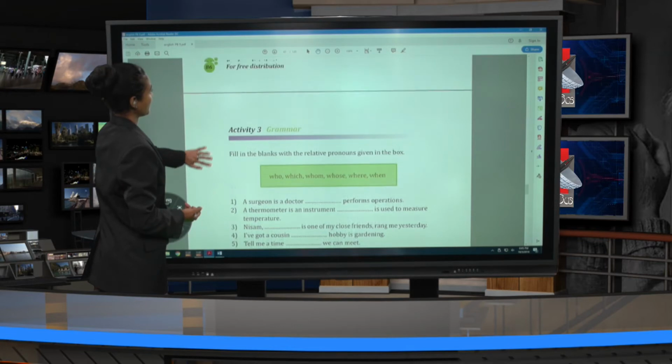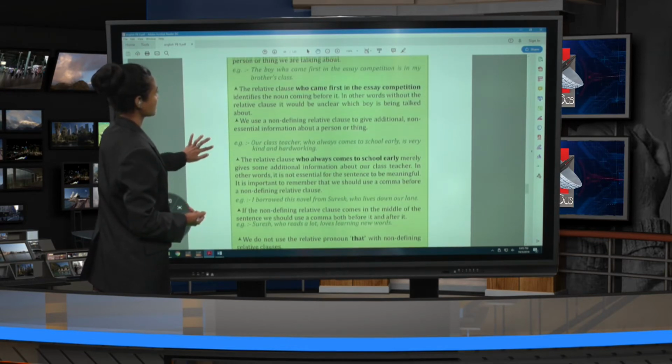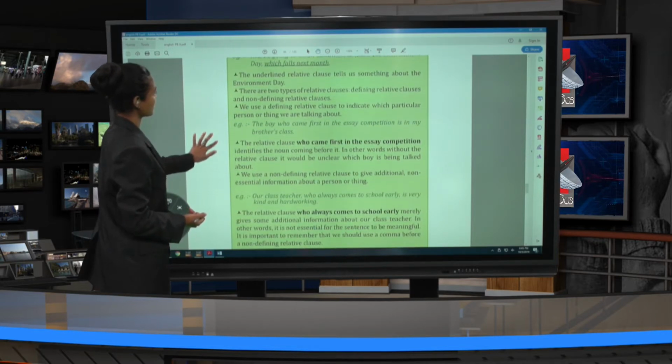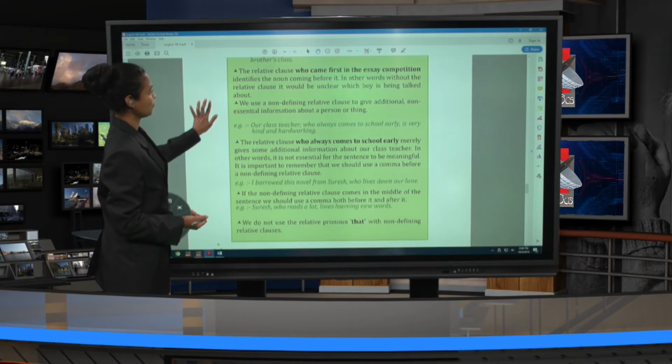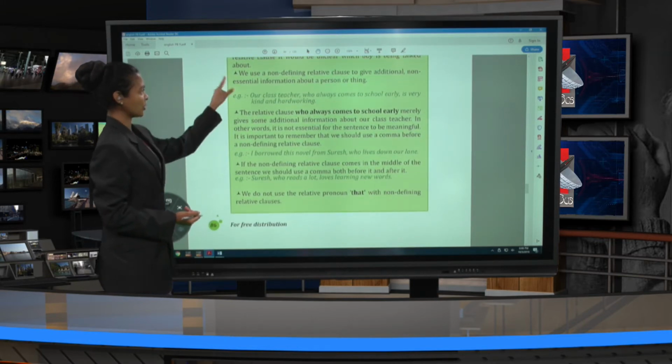It is in page number 86. The point is not first, second, third, fourth, fifth and sixth point.